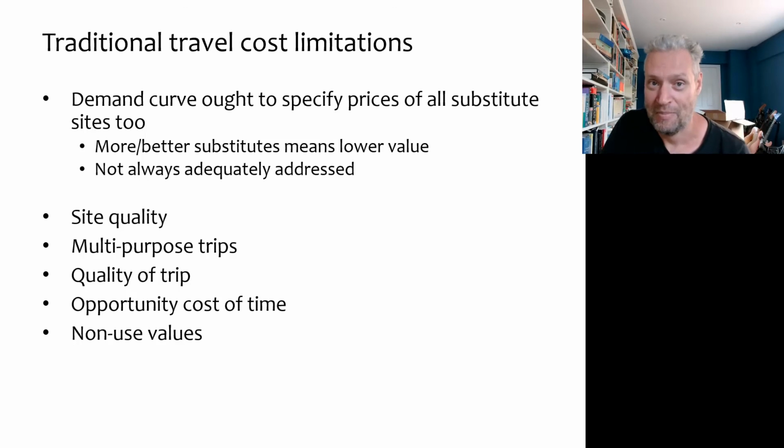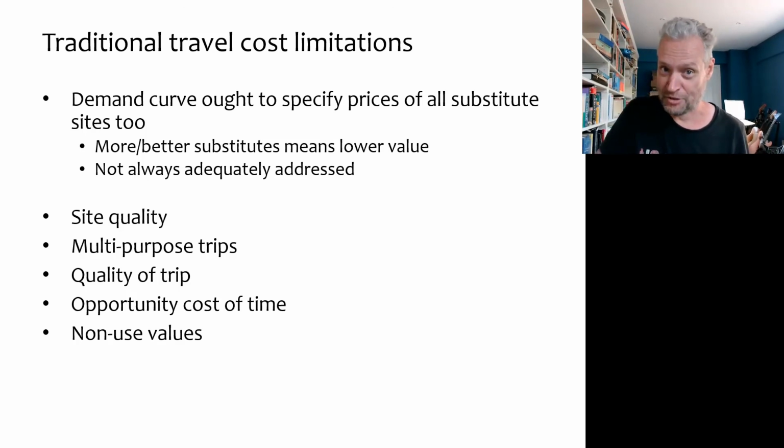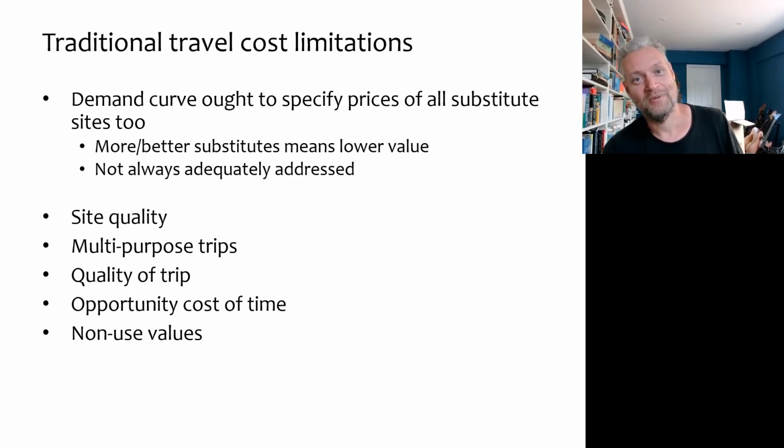And of course, it does not apply at all to people who, for whatever reason, are out of work, right? Either because they're students, or because they're retired, or because they're unemployed, or because they're disabled. And for those people, the average wage is a very poor approximation of their opportunity cost of time.